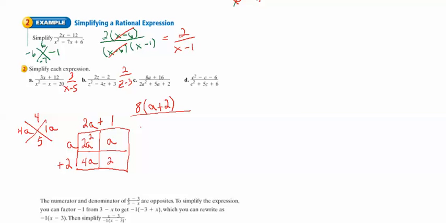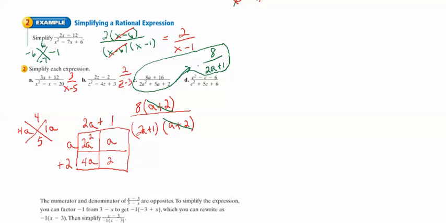So at the bottom I have 2a plus 1, parentheses, a plus 2. And now we can cancel to simplify. And so my answer is, and I'm going to draw a little arrow, 8 over 2a plus 1. That's the answer for letter C, right here.